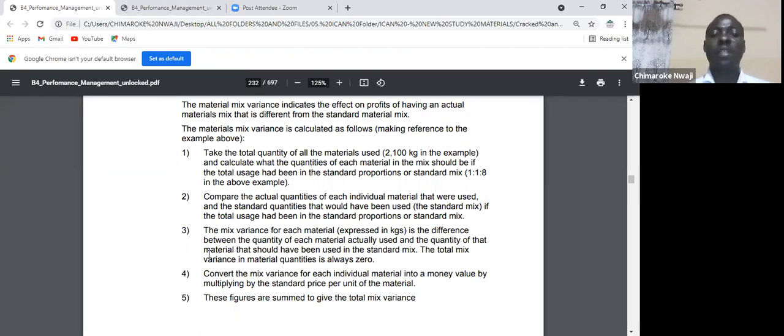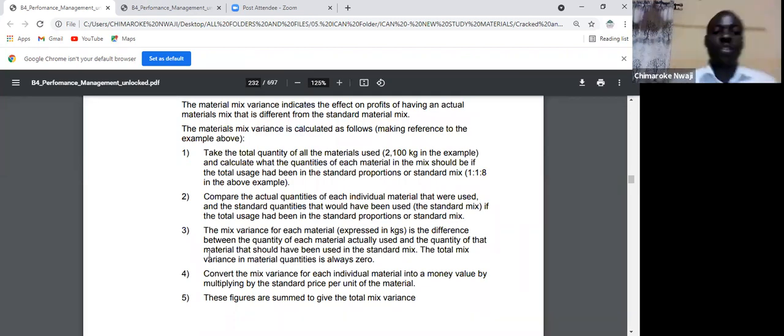Then the mix variance for each material expressed in kilogram is the difference between the quantity of each material actually used and the quantity of that material that should have been used in the standard mix. The total mix variance in material quantities is always 0.